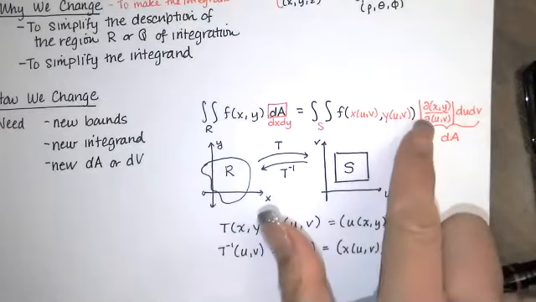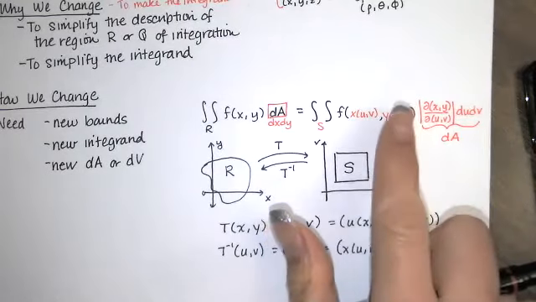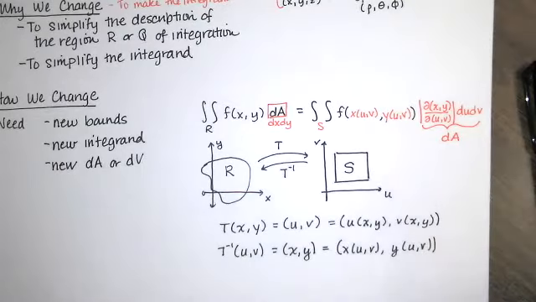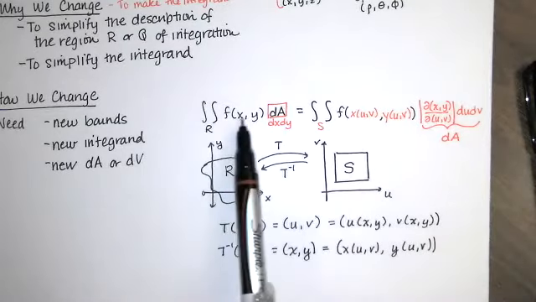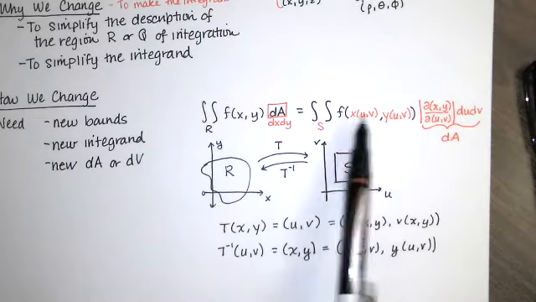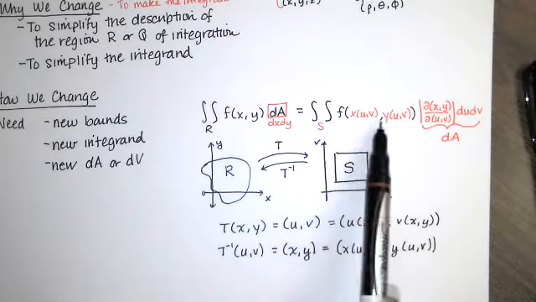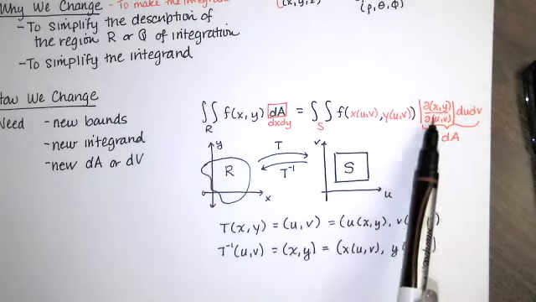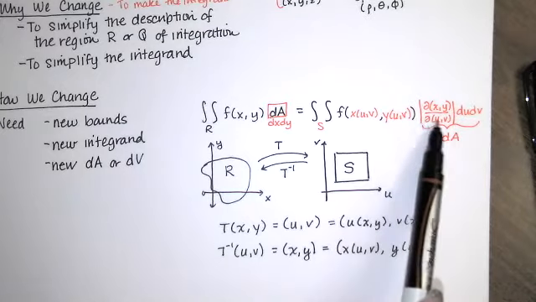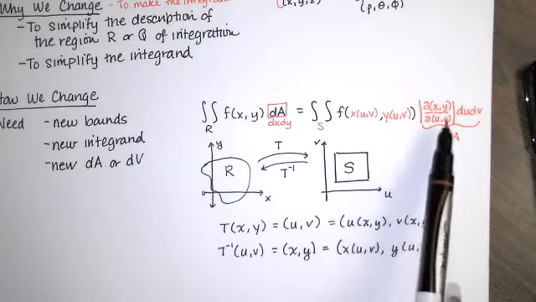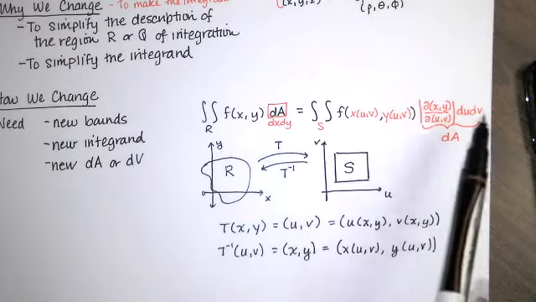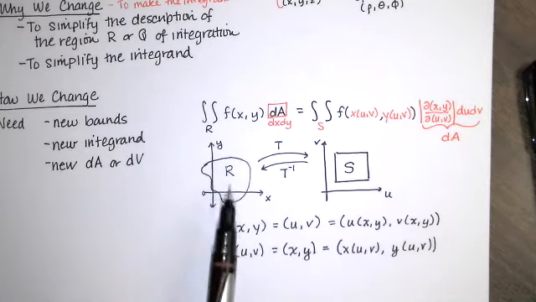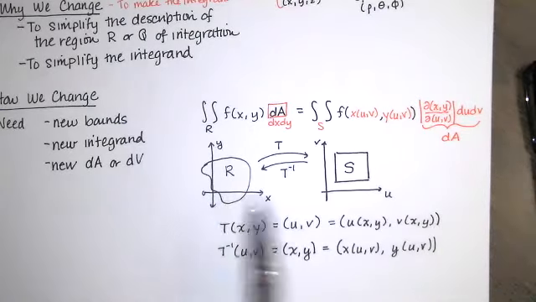Notice we get this extra factor here. We've done this before. When we switched from rectangular coordinates to polar coordinates, we replaced x with r cosine theta, replaced y with r sine theta, and then dA wasn't dr d theta, it was r dr d theta. There's this little extra factor that was necessary to make the area piece in the UV plane equal to the equivalent area piece in the XY plane.